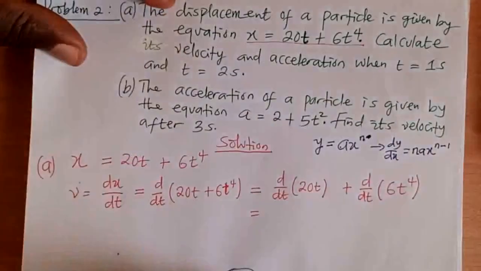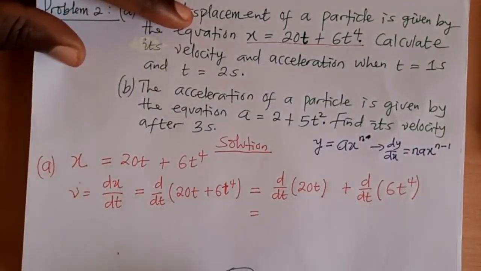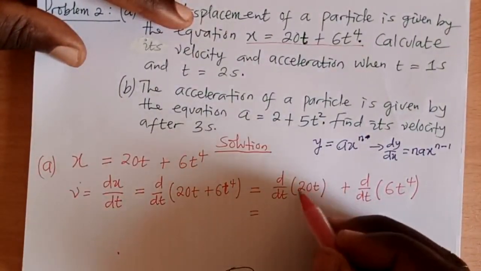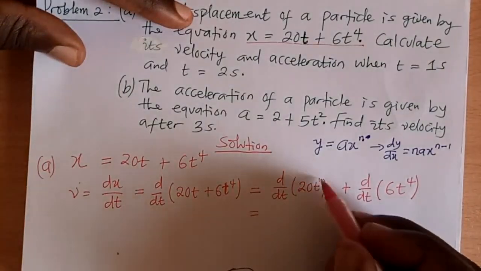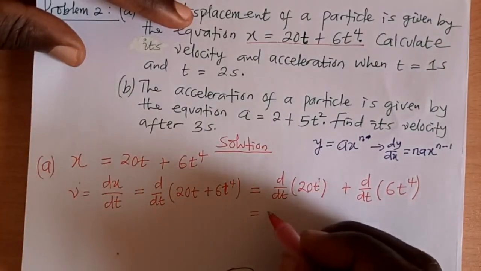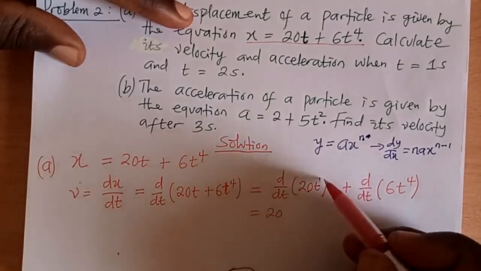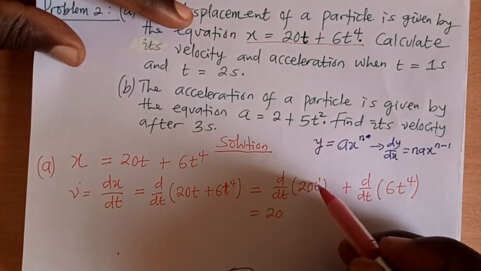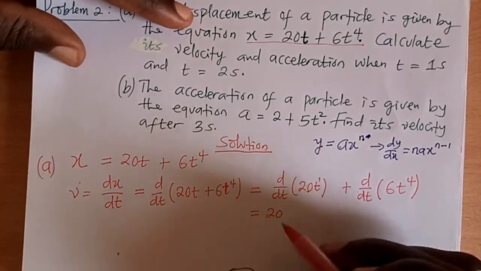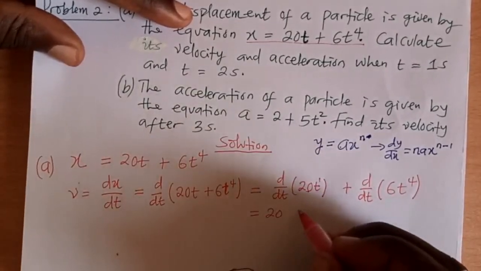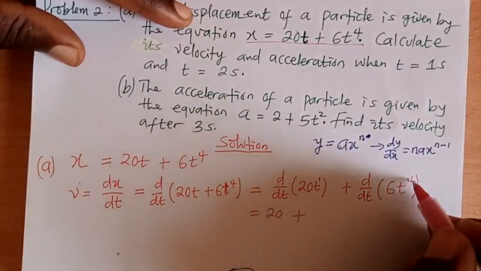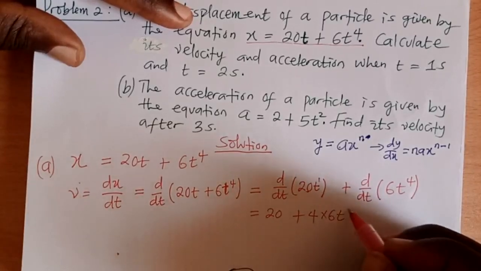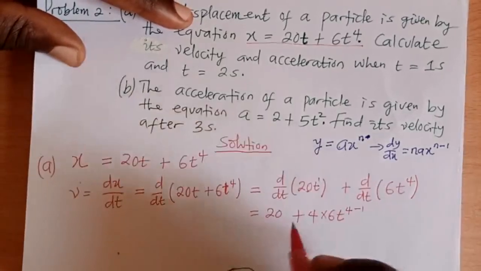If I do the same thing here, because the power here is 1, 1 times 20 is 20. Then if I reduce the power by 1, it will be t raised to the power of 0, and any number raised to the power of 0 is 1, so I just have 20, plus, now I will take this 4 and multiply it by 6, and then I keep the t there and reduce the power by 1.